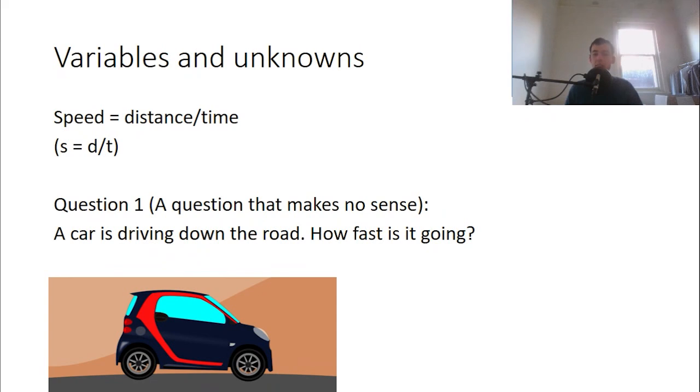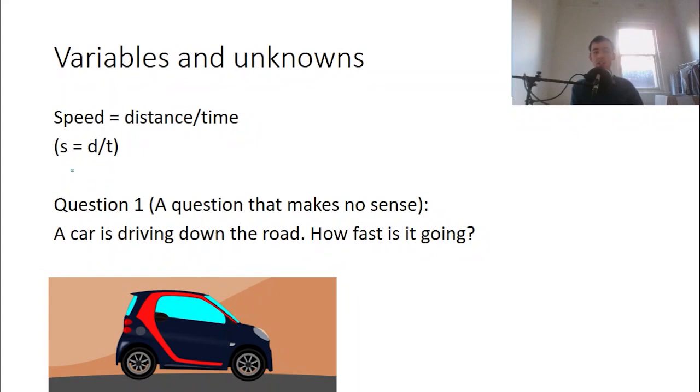Now, hopefully you're thinking, I need to know some more information first. It could be going at any speed, I don't know. The reason is because there are 3 variables here: S, D, and T. If there are 3 variables in an equation, you change one and the others change.